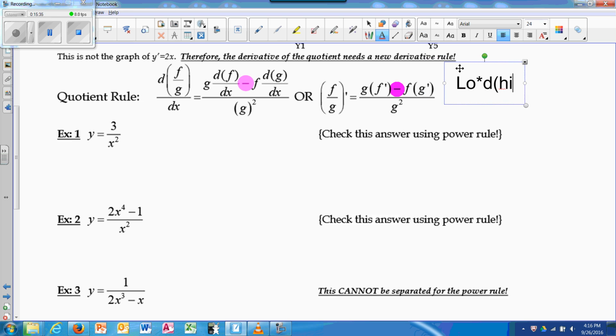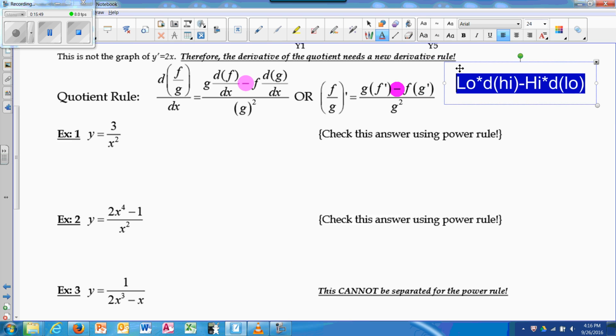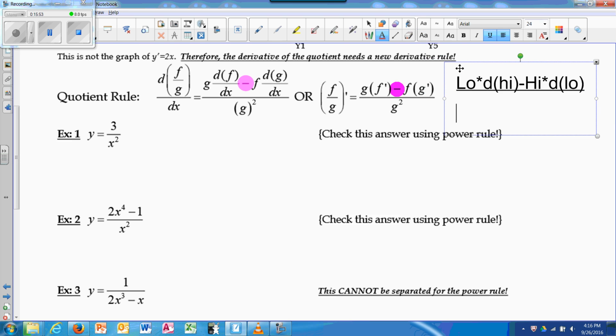It's the low, or the denominator, times the derivative of the high, the numerator, minus the high, the numerator, times the derivative of the low, and that's all divided by the low squared.